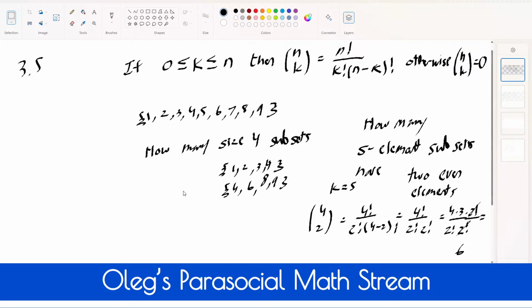Now, the next question becomes, continuing on. There are 5 choose 3 to select 3 of the 5 odd elements of A. So basically, we're trying to figure out how many ways we can get different mixes. So this is a partial mix, right?